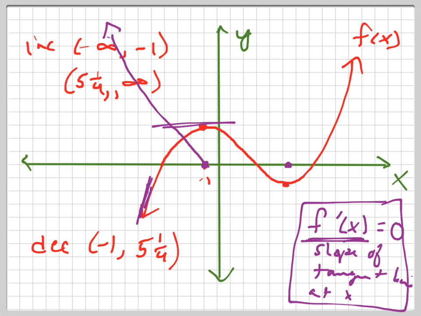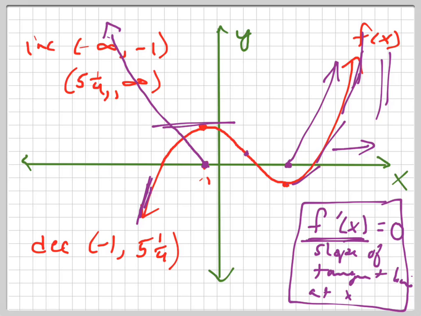And let's look to the right. As I go to the right, is the slope getting bigger or smaller? Bigger. The slope's getting bigger because these lines are getting more and more vertical. So boom. And what's going to happen right here? This is called an inflection point.